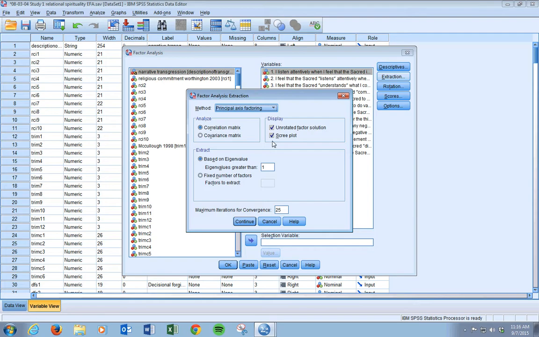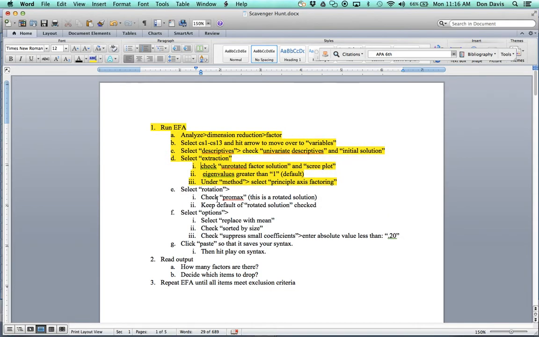It corresponds to determining a latent construct. And then we're going to select a rotation method that allows the subscales to be correlated with each other.